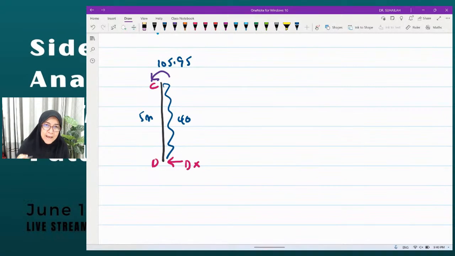Taking moment at C equals 0. Can we find DX?